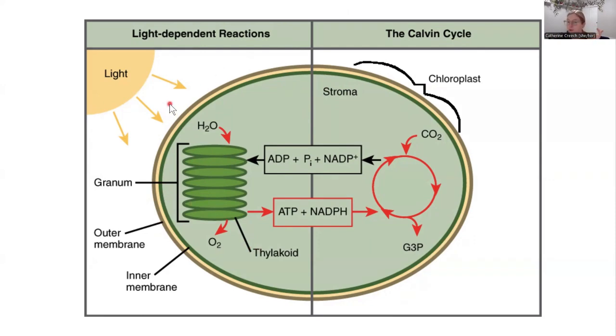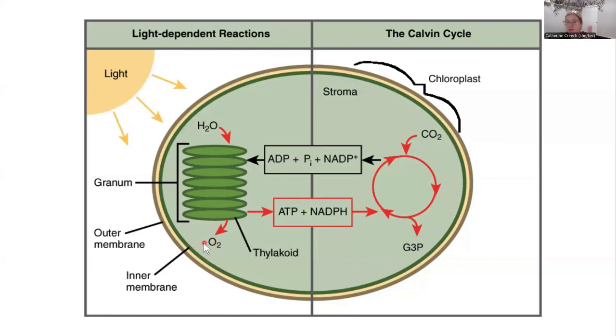We can break photosynthesis down into two steps. The first one is the light-dependent reactions. It requires sunlight, which is why it's called that. And in the light-dependent reactions, you're going to use the energy in light. You're going to take water, you're going to break it apart. We're going to use the electrons and the hydrogens in it. We're going to exhale the oxygen as a waste product.